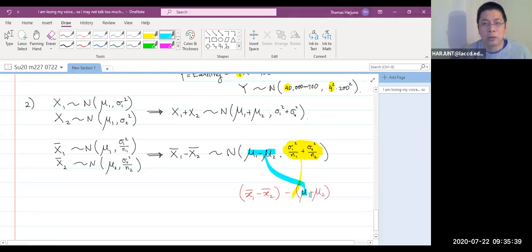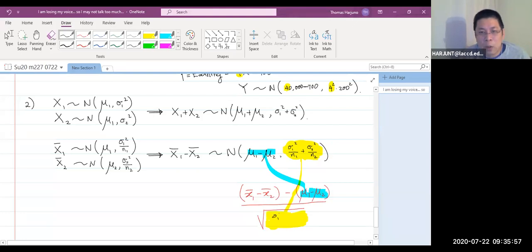okay, over the square root of basically that yellow part, right? But because we don't have it, it's supposed to be sigma 1 squared over n1 plus sigma 2 squared over n2, and therefore we use the Z score, right?